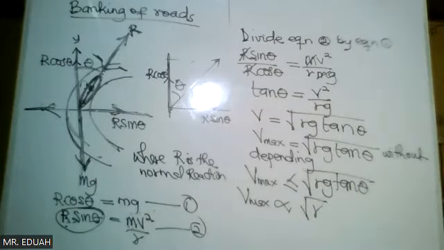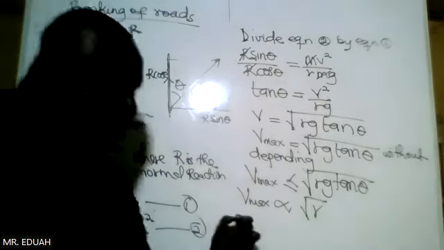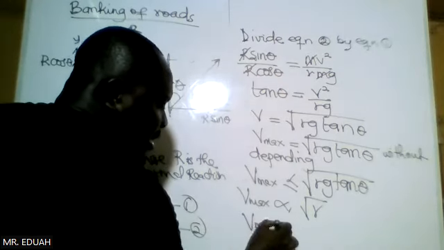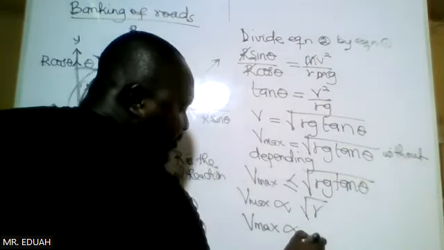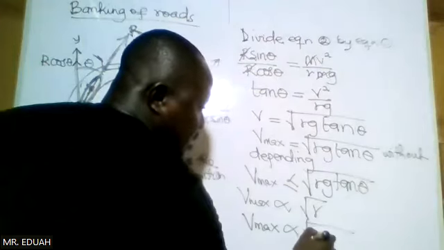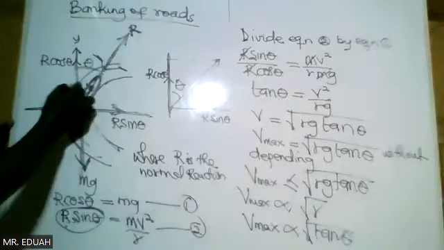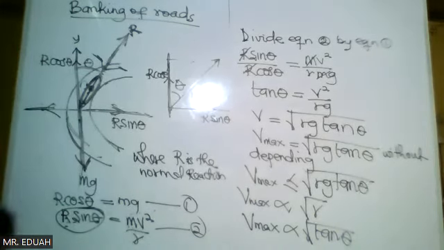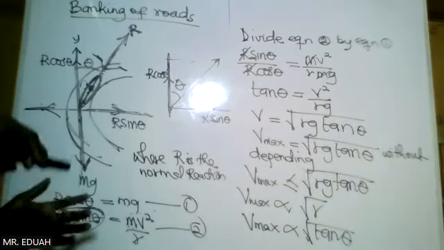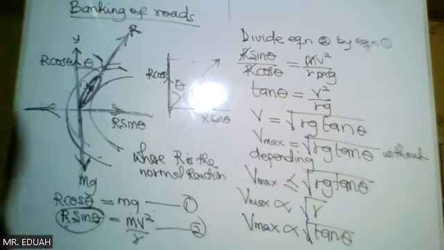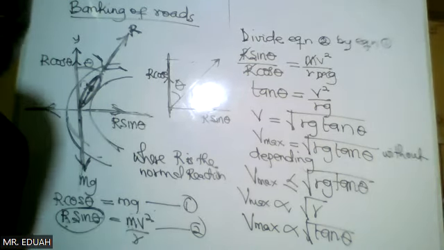If the radius is large, the speed can also be increased. The maximum speed is also directly proportional to the square root of the tangent of the angle of tilt. Meaning, if you tilt the motor to have a larger angle, it will also increase the speed.